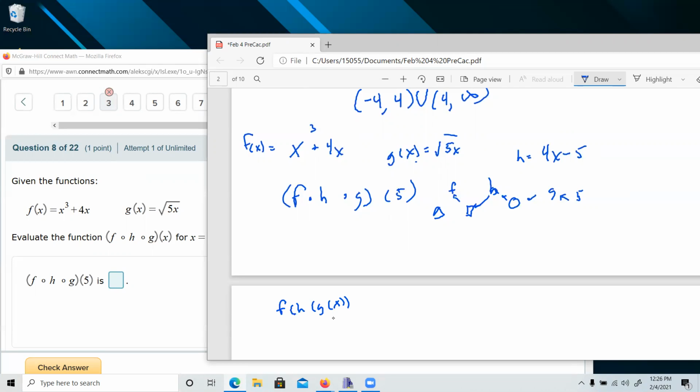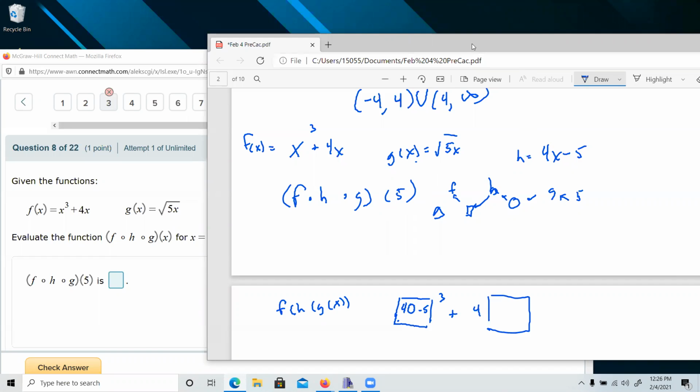Which means we have to say, well, what's f? F is to take a number, cube it, and add 4 times that number. What number would you like to add? We'd like to add h to that. So we want 4 times a different number minus 5.